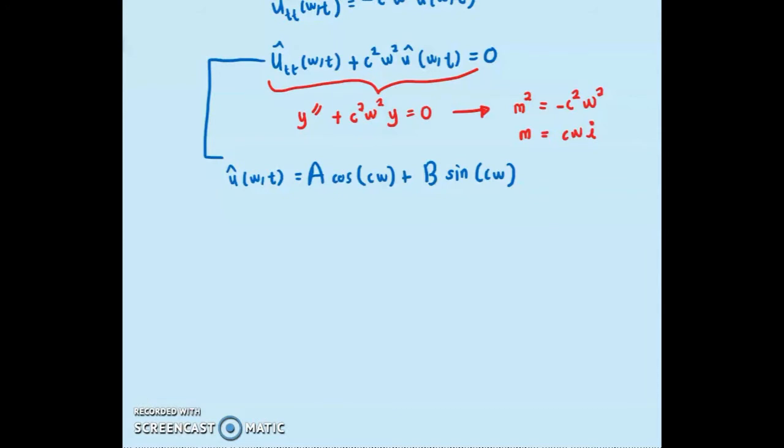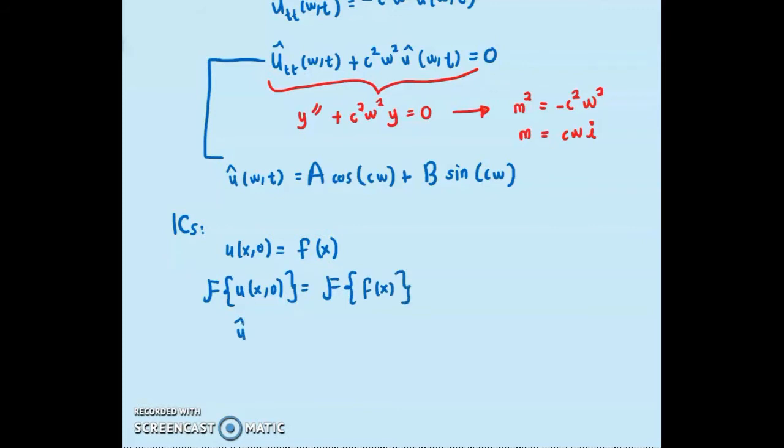So we apply the first initial condition, which is u(x, 0) equals f(x). I'm taking the Fourier transform of this initial condition. The Fourier transform of f(x), like I said, becomes u hat at omega, 0, and this becomes f hat omega. Look at this equation here. What happens when t is 0?